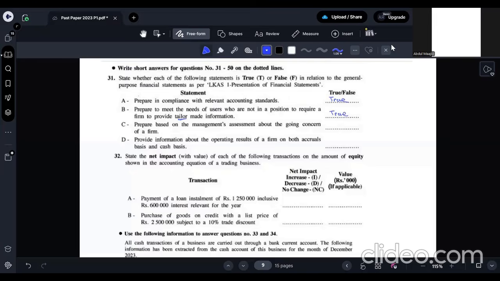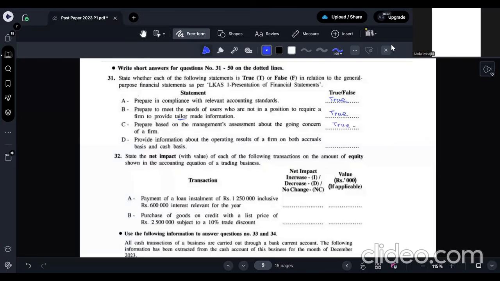C. Prepared based on the management assessment about the going concern of a firm. True. So the main assumption of preparing general purpose financial statements is going concern. If the firm is a going concern, they will divide their assets and liabilities as current and non-current. If not, they just record it as current. That is true.